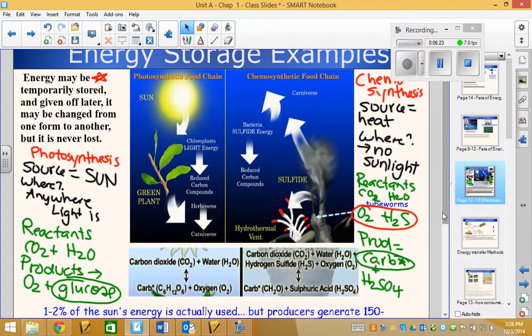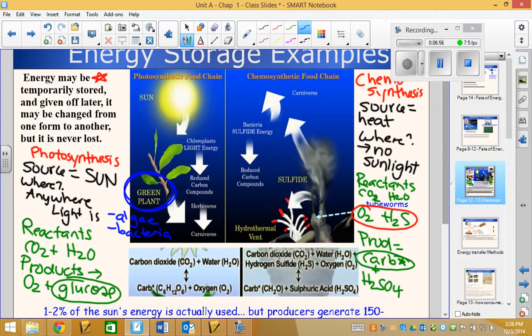Now, the last thing that I asked you was to think about what type of organism is doing this. And so that you know, a green plant is the main organism that can perform photosynthesis. There are also some algae and some bacteria that have this ability, but green plants would be the number one source.